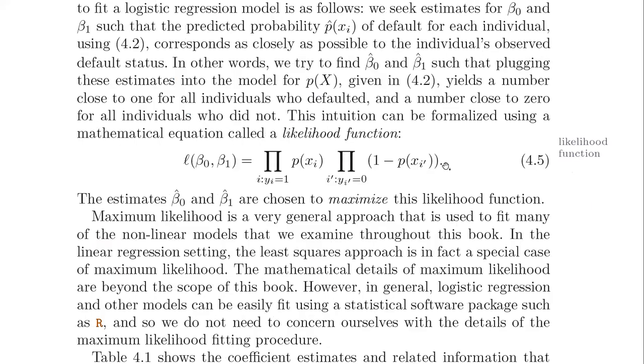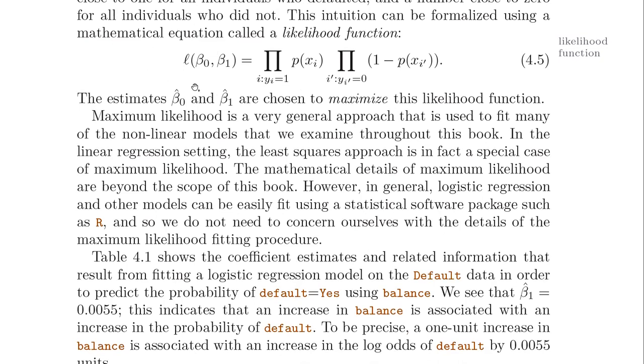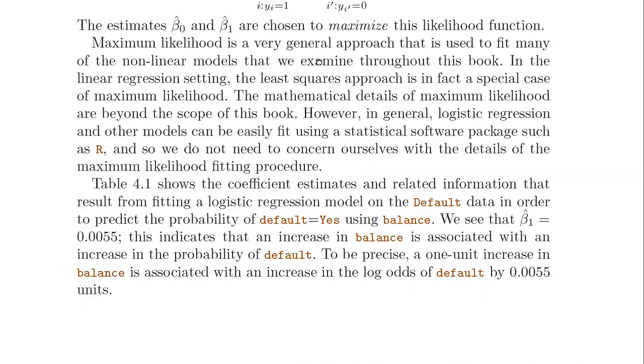There's definitely differentiation. There's also logs as well. What we normally do is instead of maximizing the likelihood function, we maximize the log likelihood function. Because it just makes things easier, but you get the same answer in any case.